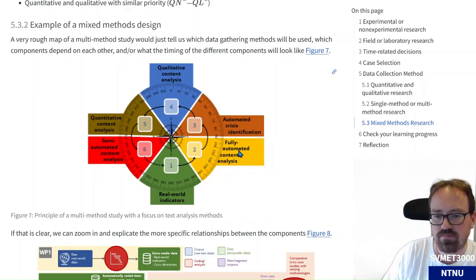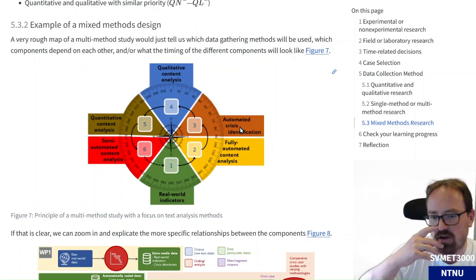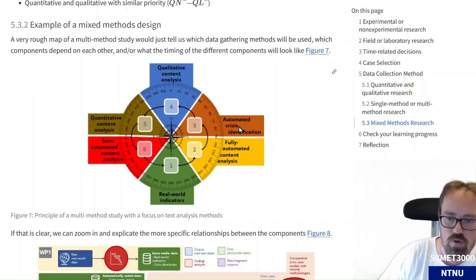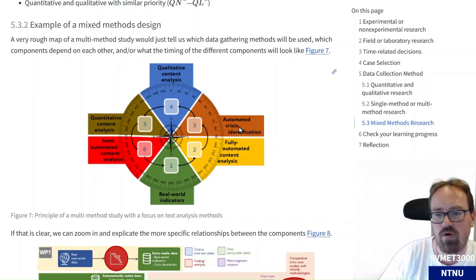intervention. And also based on this, the computer will try to find out which crisis these articles are actually concerned with. Are they concerned with some specific crisis event, for instance, like a major earthquake or a war or a pandemic?